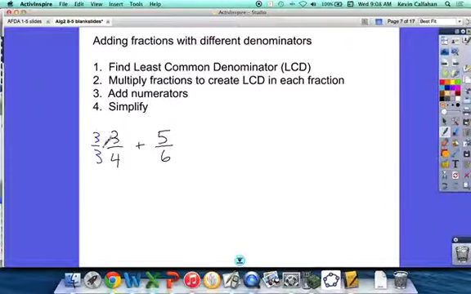And what am I multiplying the second fraction by? 2 over 2. Right? So this will be 9 over 12 plus 10 over 12, which is 19 over 12.